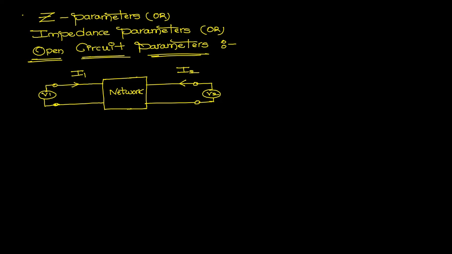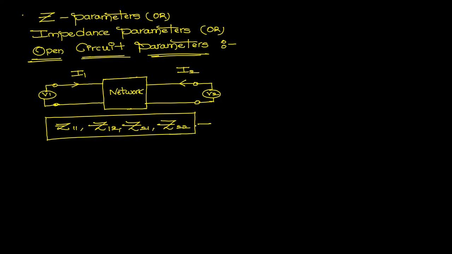Now our question is to find the Z parameters. So in total, how many Z parameters are there? Z11, Z12, Z21 and Z22. So we have 4 individual parameters.